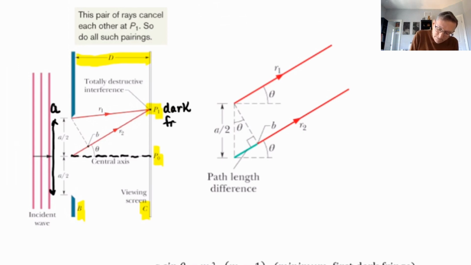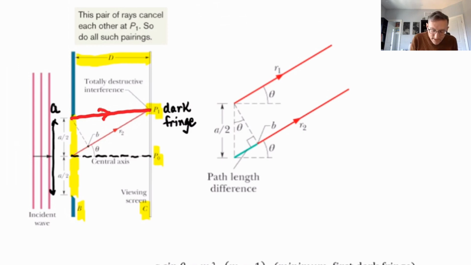All right, now what they've done is with that central axis dotted line going across, they have, quite nicely, divided up the slit into two equal portions, a top portion and a bottom portion, each of width a over 2. And then they have intentionally picked a ray from a wavelet starting at the very top of the slit and going over to point P1. That's the ray they labeled R1.